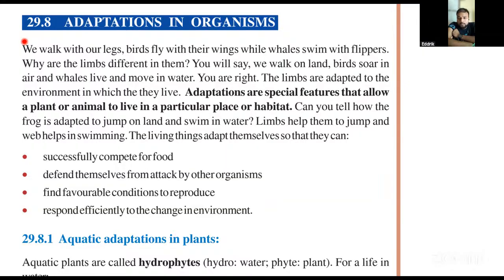Now what are the adaptations for camel? What is the response of camel to the environment? So, sir, camel has broad legs so that they can walk in the sand, and they have bumps on their back so that they can store food and water, fat and stuff like that.